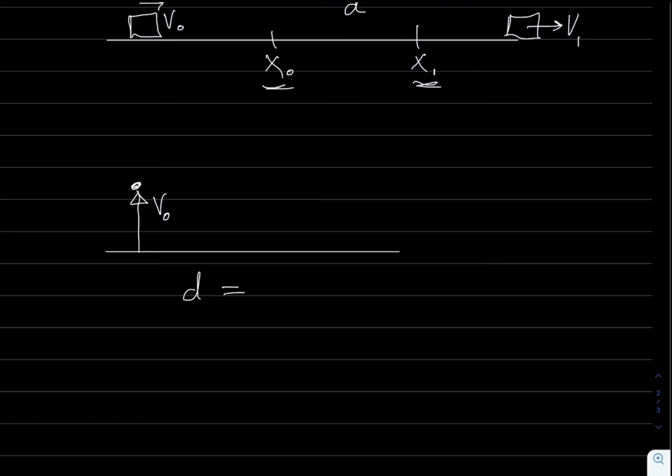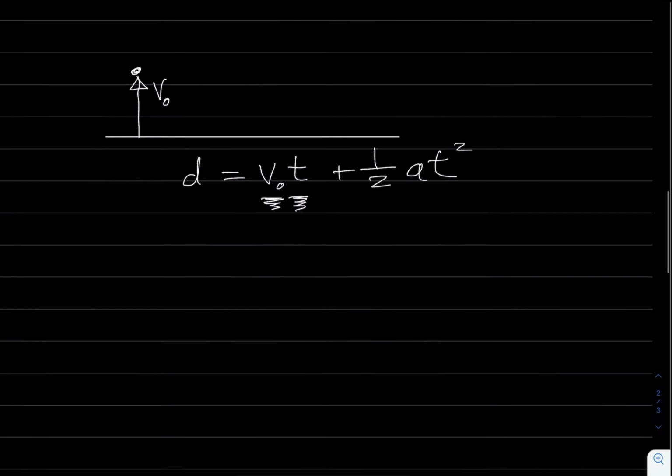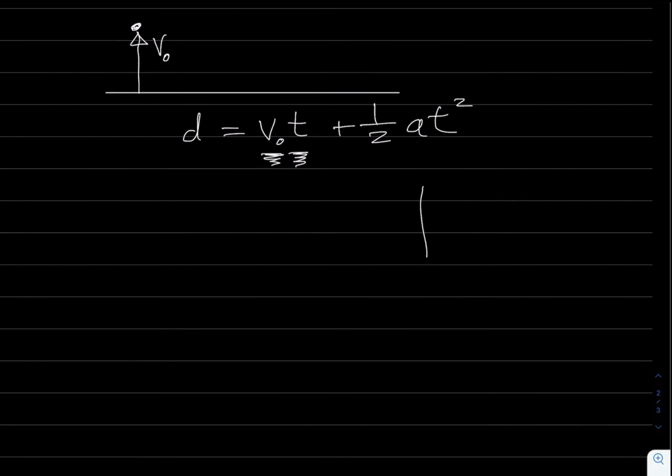Distance equals v sub naught times time plus 1/2 at squared. Remember that? That the distance something travels is its initial speed throughout the entire time it was traveling, plus half of the acceleration. We had drawn a little trapezoid for that before. Remember that?